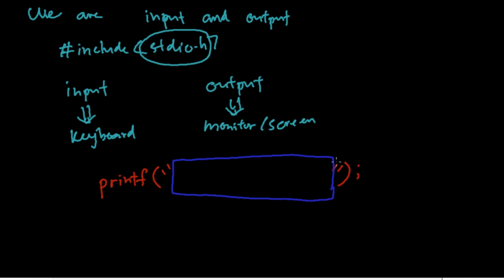Now let's say I would like to say hello world on the screen. I'll do it like this. Hello world. Anything that is inside these two double quotes will be shown as it is on the screen.